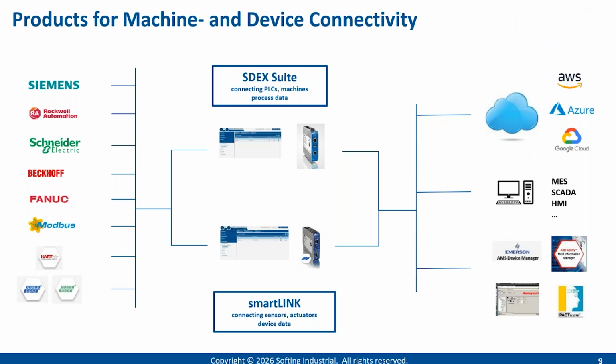So when I speak about products here and Industrial Edge, just one slide to introduce a few names and to illustrate what we are doing. At the left-hand side, you see the automation network and device vendors: Siemens, Rockwell, Allen-Bradley, Schneider, others, PLC vendors, or maybe CNC machine vendors.